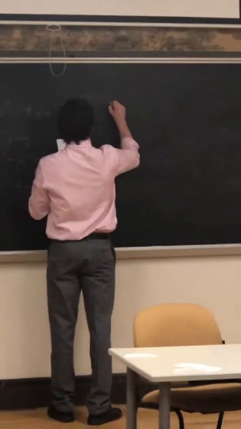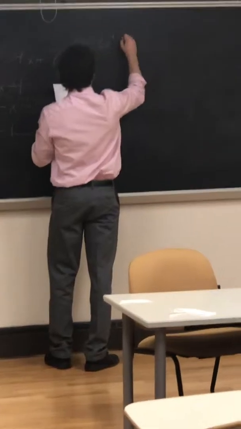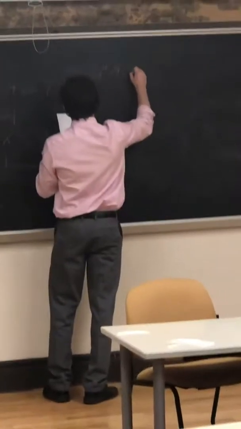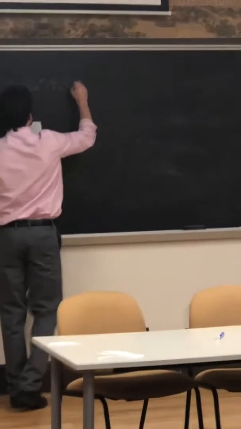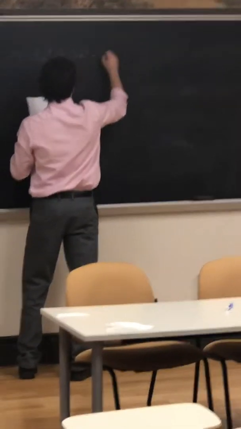Alright. 2x to the 4th minus 4x cubed plus x squared, or x, plus pi. Go ahead and give that one a try.